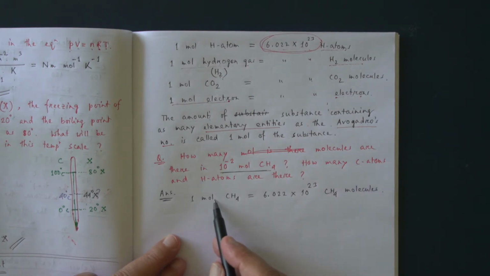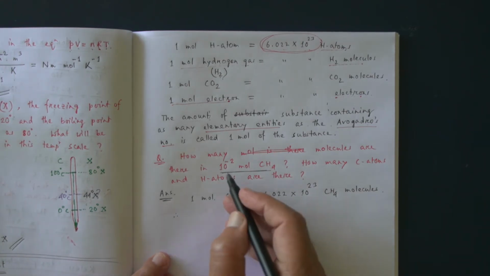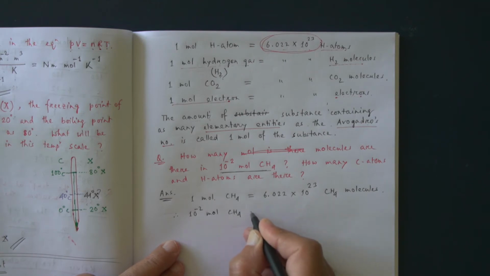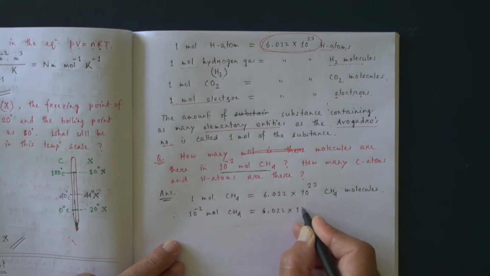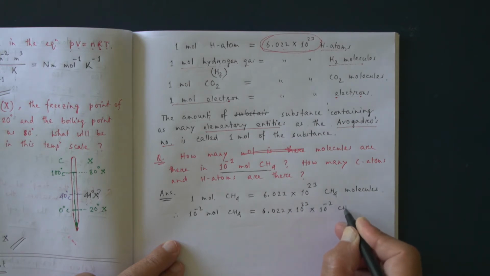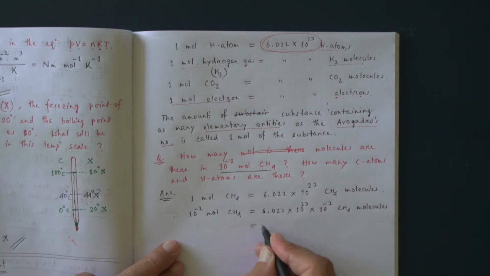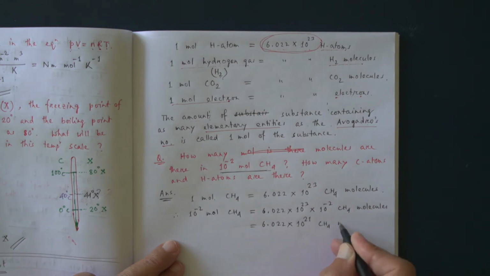So 10 to the power minus 2 mole methane will be equal to 6.022 into 10 to the power 23 into 10 to the power minus 2 methane molecules, and that is equal to 6.022 into 10 to the power 21 methane molecules.